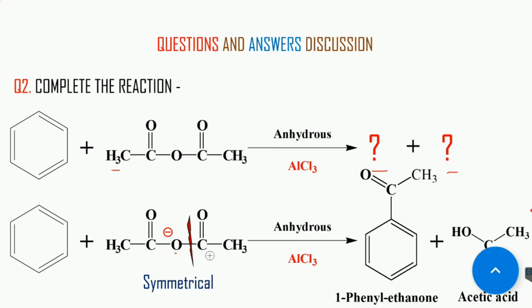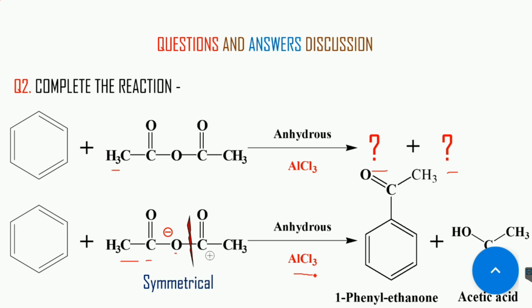Now how will this acetic acid come in this reaction? For that, if you see, this one is our nucleophile, which will be captured by our Lewis acid, that is AlCl3, and make a complex as an intermediate state.